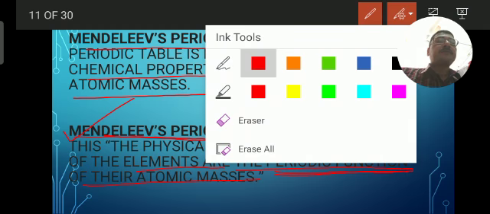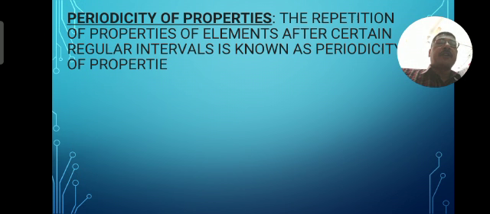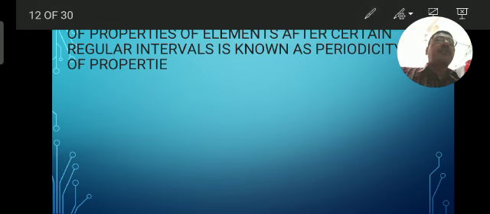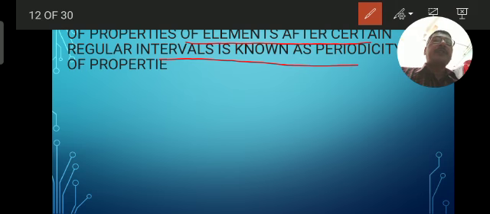Okay. Now come to the next point. Periodicity. What is periodicity? As I told you, the repetition of properties of elements after certain regular intervals is known as periodicity. Periodicity means there is a repetition of the same kind of chemical properties after a regular interval.